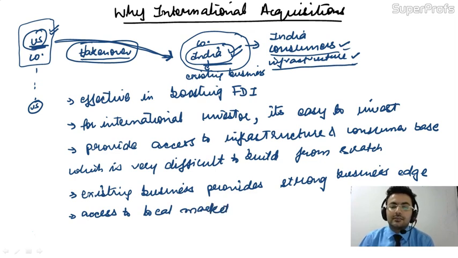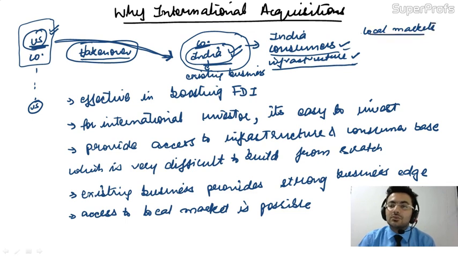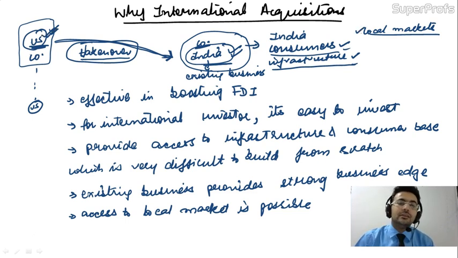Access to the local market is very easy. This company which has been incorporated in India should have customers and some kind of local market access in which products are bought and sold. So access to such a local market is also very easy for this company in the US.